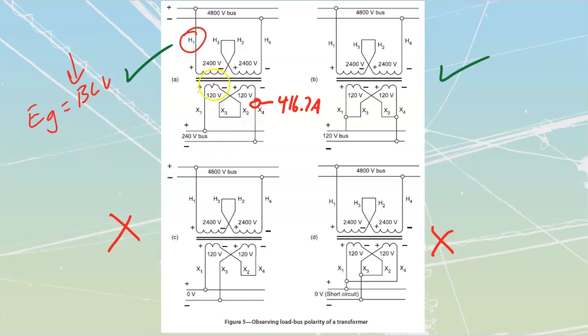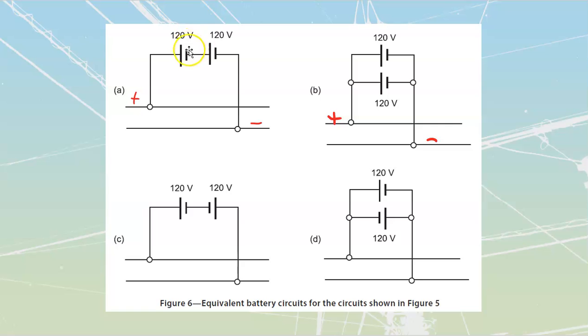Over here, it's a series connection, so the same 416.7 amps goes through the whole thing. If I take that 416.7 amps multiplied by the voltage, which is the sum of these two, 240, 240 times 416.7 is going to get you out to a value of 100 kVA.